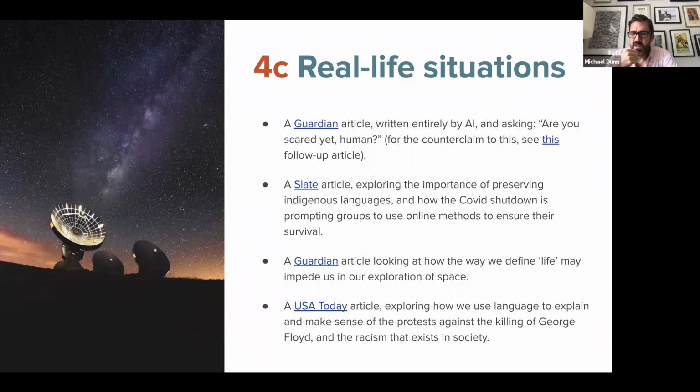This final one, a USA article, obviously a lot of protests going on in the world today. This one links to the killing of George Floyd, and it looks at the way in which the media and certain politicians are very careful in the language that they use in order to give a certain idea of what's going on.